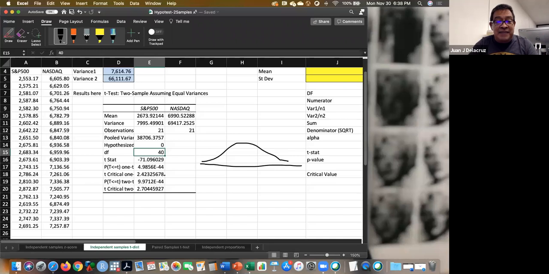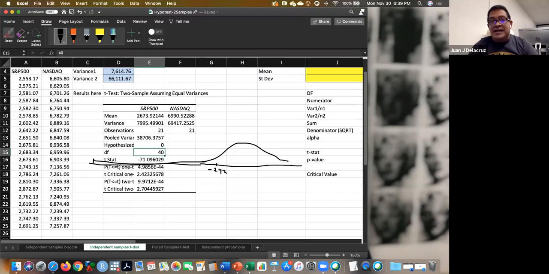My critical value for the one-tail test is, in this case, minus 2.42, because I am using the left-tail test, and my t-statistic is minus 71. If I make this longer, this minus 71 is going to be somewhere in here.